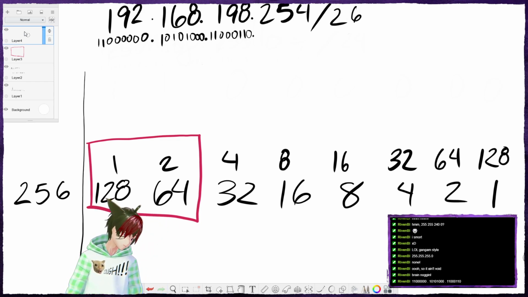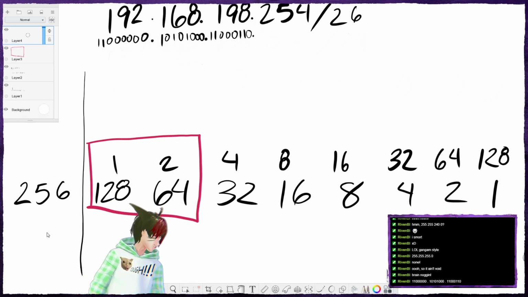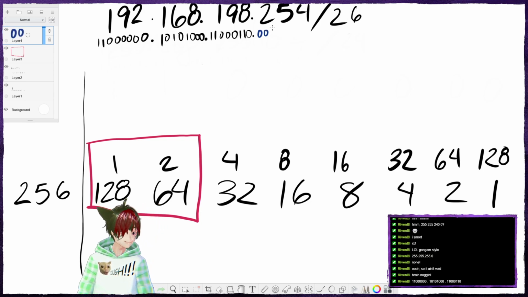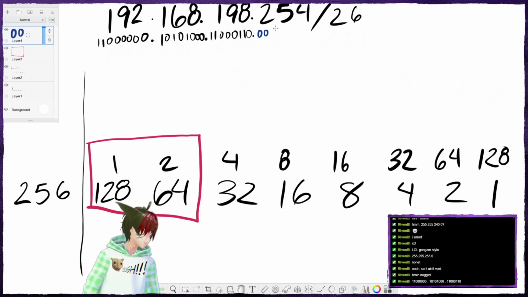So you potentially could have a network of .00, because that's as far as our network goes, right? We could have a potential network of .10.